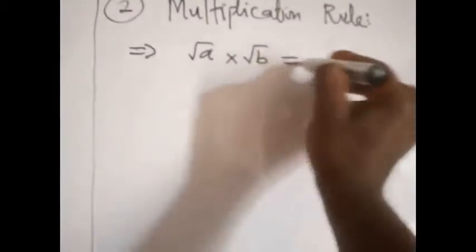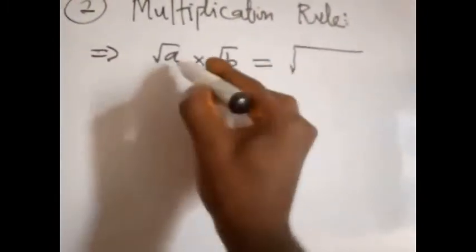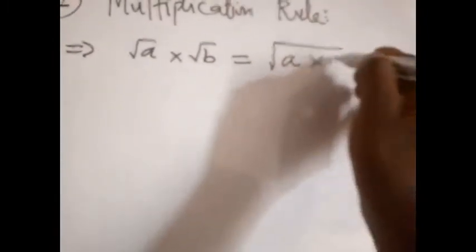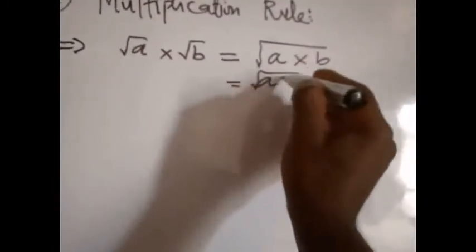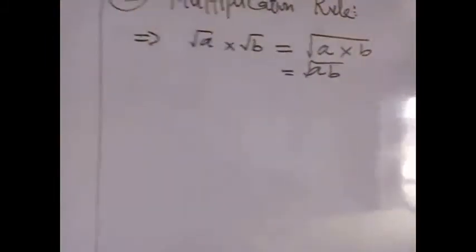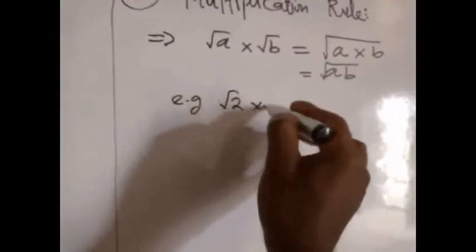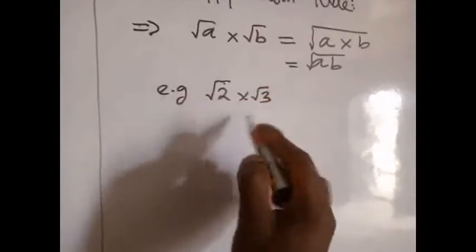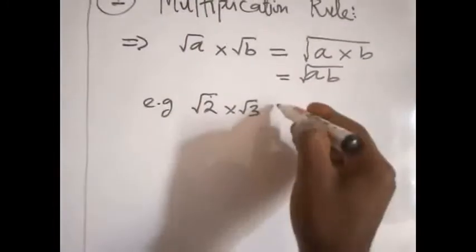So under this rule, this can be simplified as A multiplied by B, which will give us root AB. For example, if we have root 2 multiplied by root 3, root 2 and root 3 are not the same. They are different irrational numbers or surd.